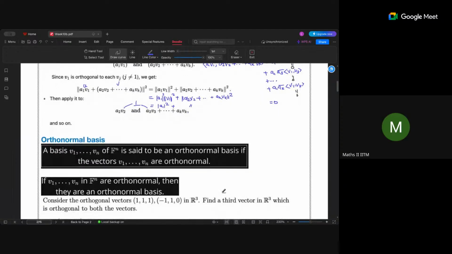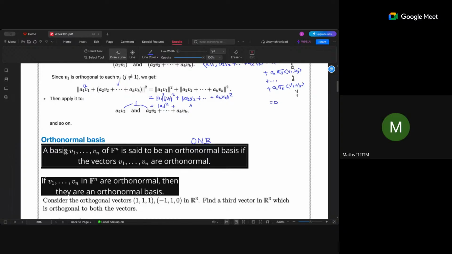Okay, so now what is an orthonormal basis? We already know what a basis is. Can anyone tell what a basis is? Spanning set, linearly independent. Yes, a set which spans and is also linearly independent is a basis. Now what is an orthonormal basis?